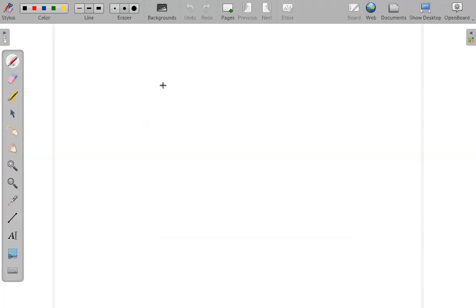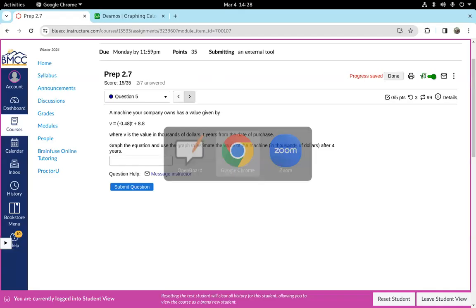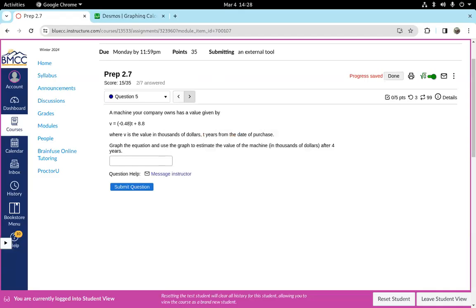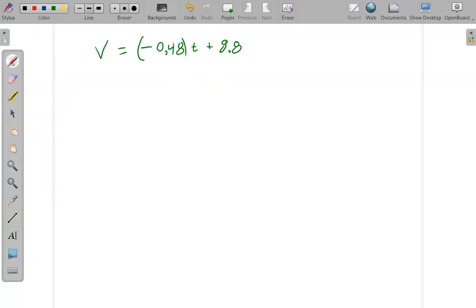So I was given V equals -0.48 T, and they had parentheses around that, plus 8.8. Let's make sure I type that right. Negative, okay, that looks good.